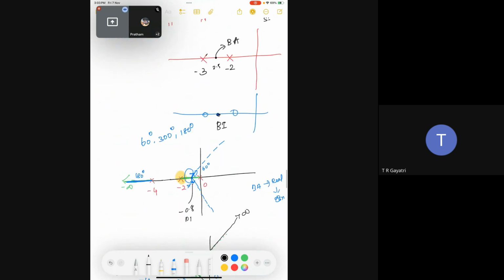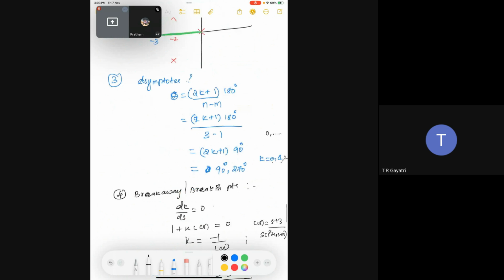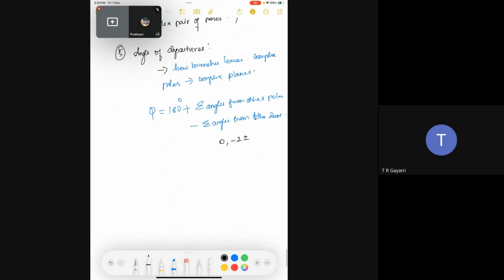This is the previous one, plus or minus 3j. So these are all the poles. The zero is at minus 3.